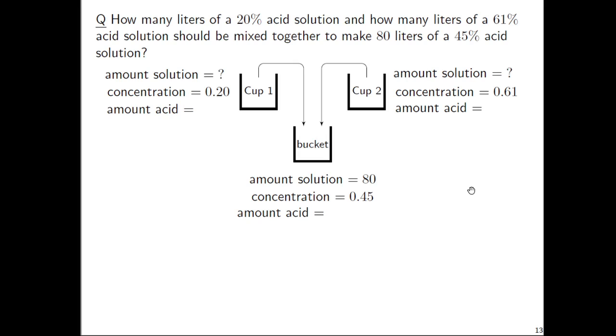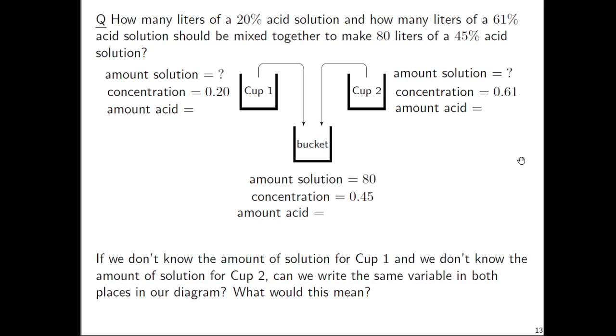Now what? Well, the amount of solution in cup 1 is unknown. The amount of solution in cup 2 is unknown. You notice the question marks up there. And here's the thing. If we don't know the amount of solution for cup 1, and we don't know the amount of solution for cup 2, can we write the same variable in both places of our diagram? What would this mean if we did that? Can we put an x here, where this question mark is, and an x here?